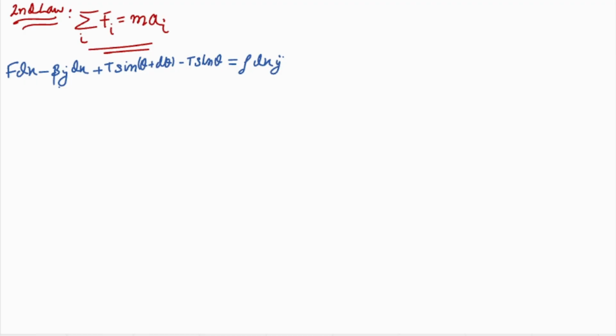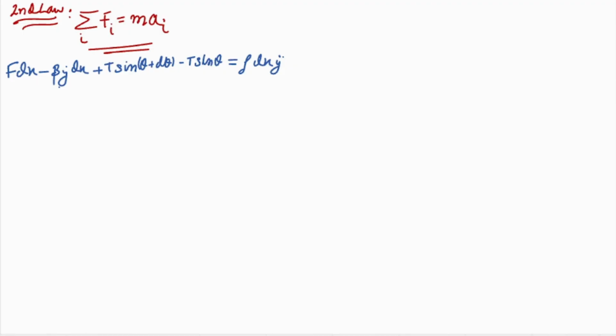Now what is this rho dx? We have defined rho to be m over L, and dx is approximately equal to dl. So for the small interval of that string, we define our mass to be rho dx, right? This is just a basic manipulation.